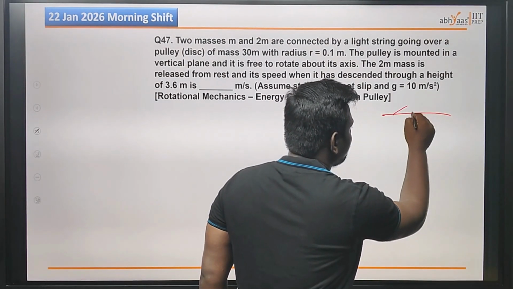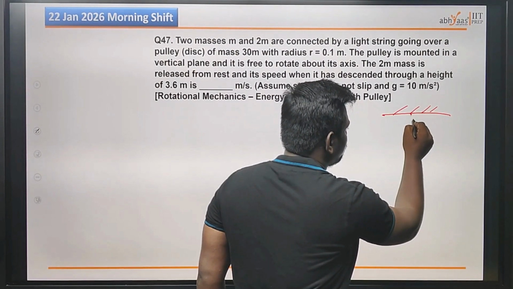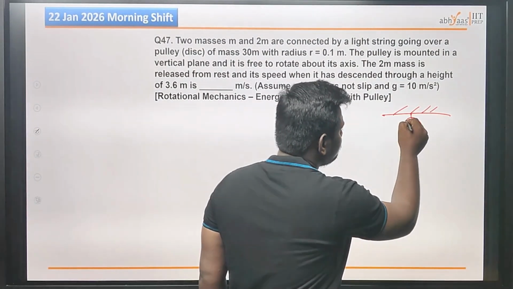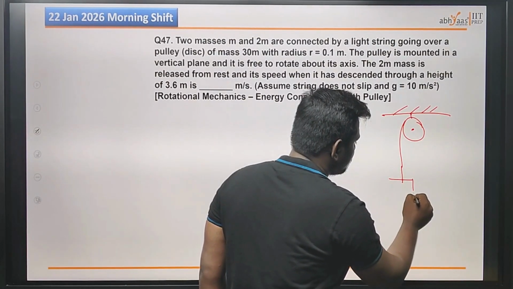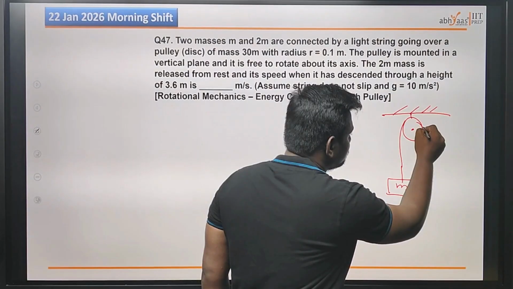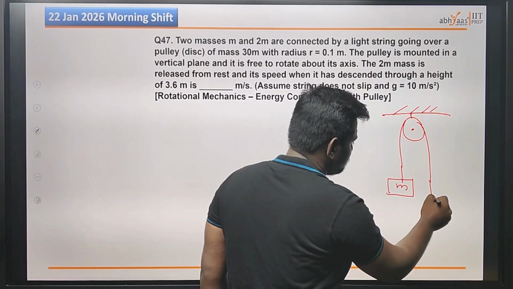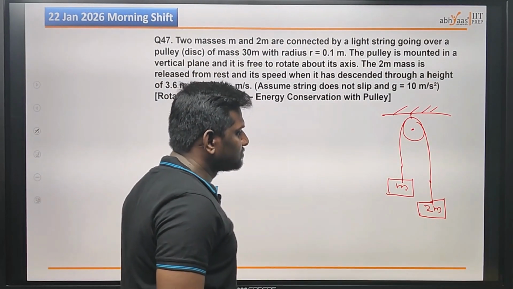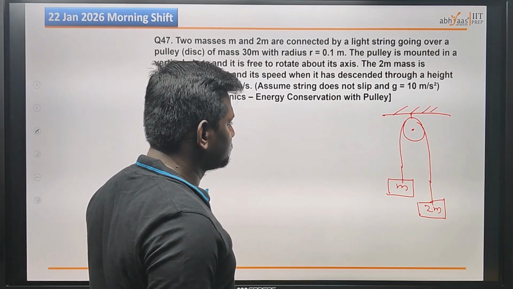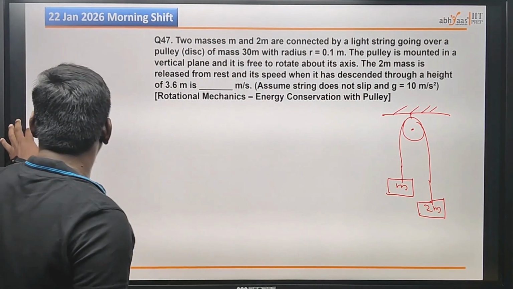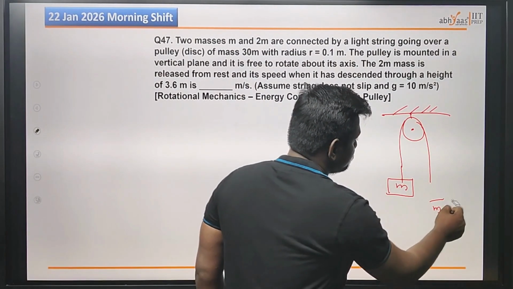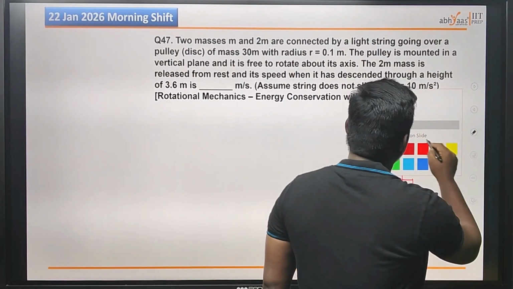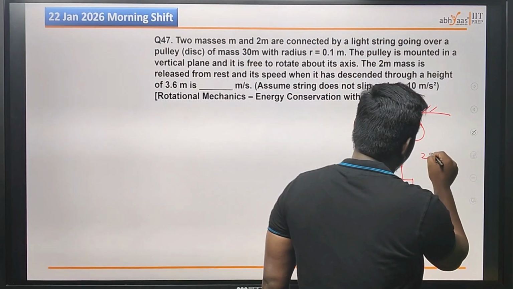So what they are asking, we are having two masses and one pulley here, two masses m and 2m. This is m. This is our 2m.